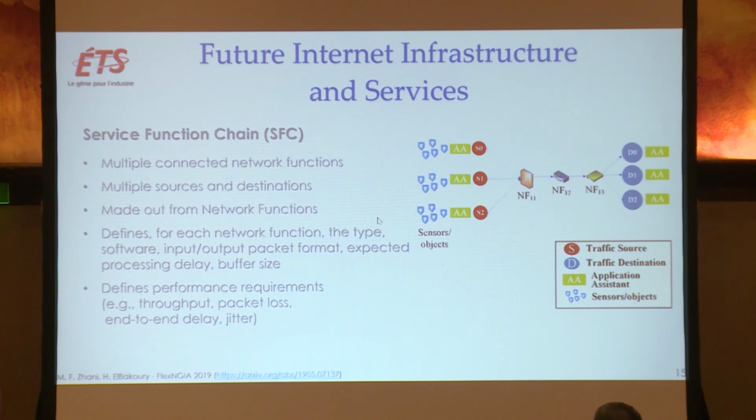So for each network function, we need to define the type of the function, the software that should be run to offer this function, the input and output packet format. So we are not restricted to a particular packet format. When you define your function, you say, okay, this is what I expect as a format, and this is my output format, the expected processing delay, the buffer size, and so on.